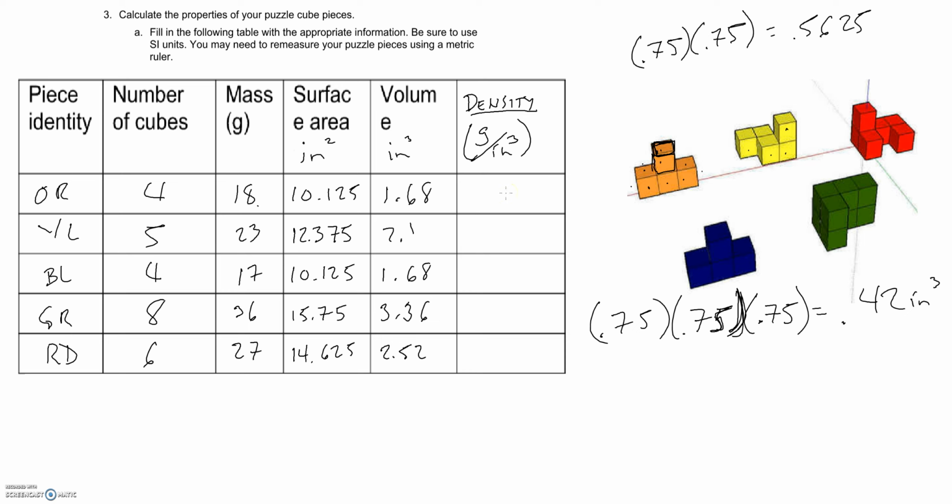So 18 divided by 1.68 is going to give me 10.71. And I'll just keep going all the way down the list. We should get about the same thing, 10.71, for our density going all the way down. This is what it should be. It should be pretty close to the same thing, no matter what.